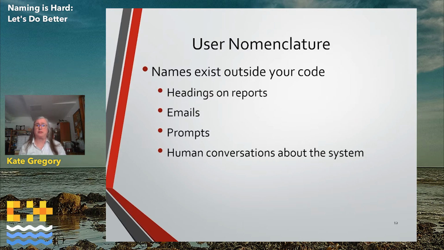Users will talk amongst themselves, users will talk to whoever it is they support with the software, and users will talk to you. And in all of these places, it's really vital to be consistent. It's also best if the people who use the software are the ones who choose these words. Just because you're typing code into the computer doesn't mean you get to say expiry date if they call it inactive date, and vice versa.